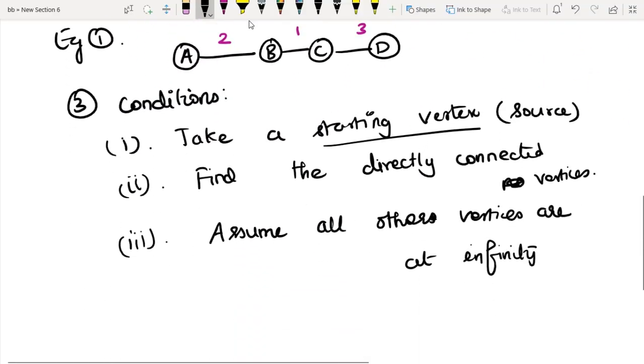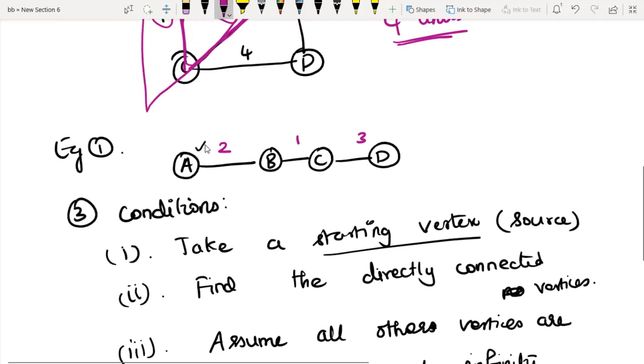Now let me assume A to be my starting vertex, and let me denote it by some symbol. This is just for our understanding, it need not be done. I'll denote this by an asterisk, so that's going to be my starting vertex. Now I'll put a tabular column here.